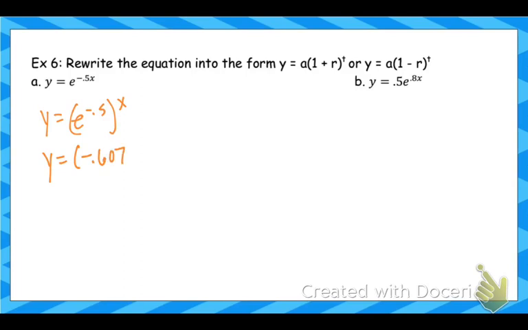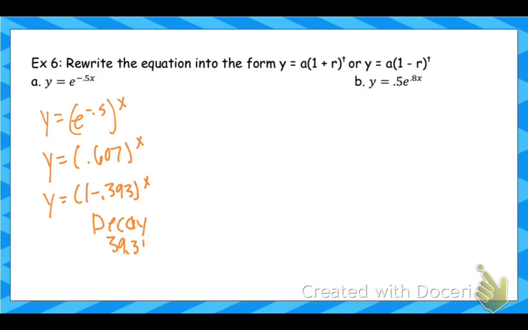Oops, sorry. That's not negative 0.607, it's just 0.607. So now this is obviously showing decay because the base is less than 1. We also know it's decay because the original problem had that negative exponent. But now I can rewrite that as 1 minus 0.393, which means not only is it decay, specifically it is a 39.3% decay.